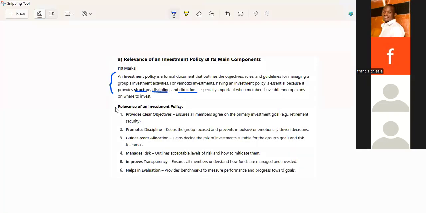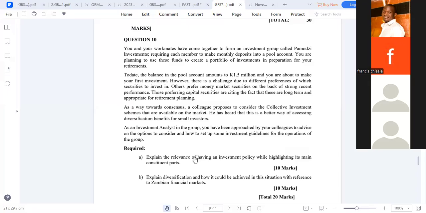Okay, so we've talked about the relevance of the investment policy. The second part of the question was asking us to also highlight the main parts of the investment policy. Who remembers the main parts of the investment policy that we have discussed?